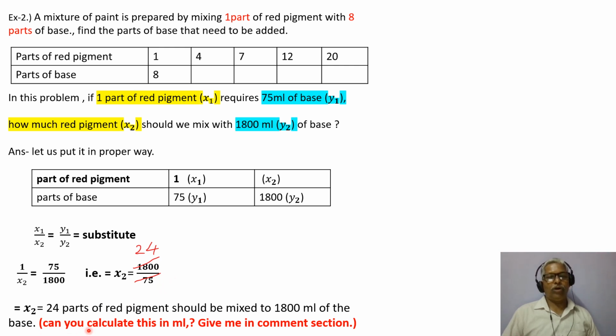Now I have given you some exercise. Can you calculate this in ml? As we are dealing with ml for the base, then why not calculate ml for the red pigment? Okay, give me in comment section. If you cannot do it, no problem.